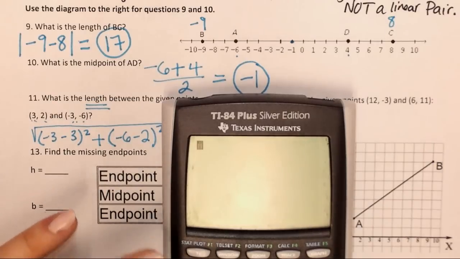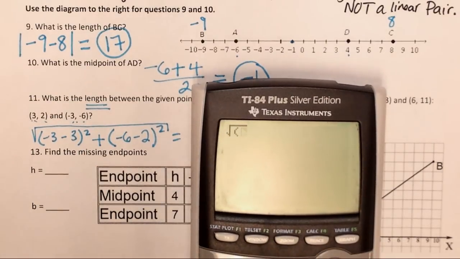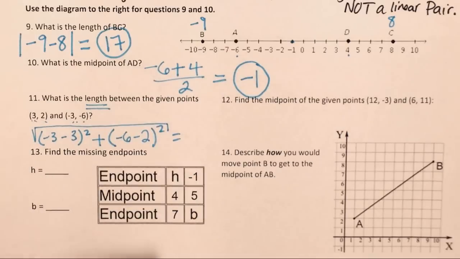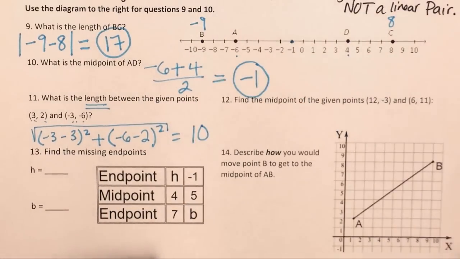Okay, typing that into the calculator, you want to write it exactly like how it looks on your paper. Be careful when you're typing. Majority of the mistakes that I see on these problems come from typing it into the calculator wrong. So make sure you're typing carefully. And we get 10.